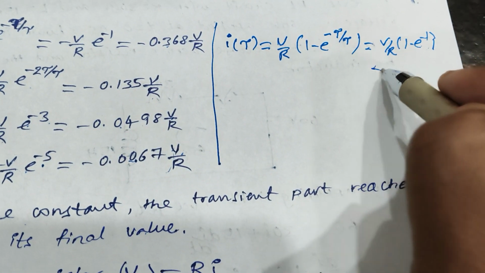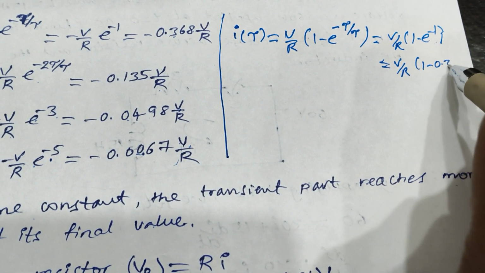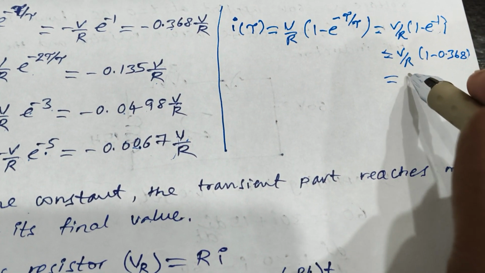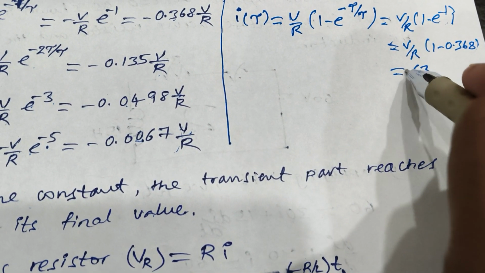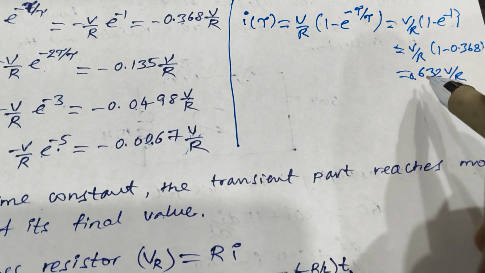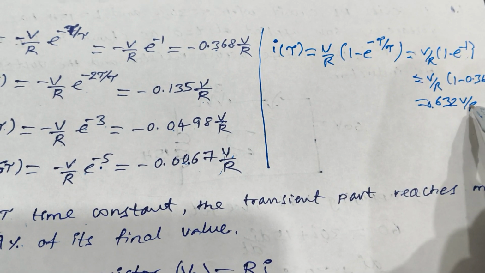Substituting that, V by R into 1 minus 0.368 gives 0.632 of V by R. That is 63.2 percentage of final value.